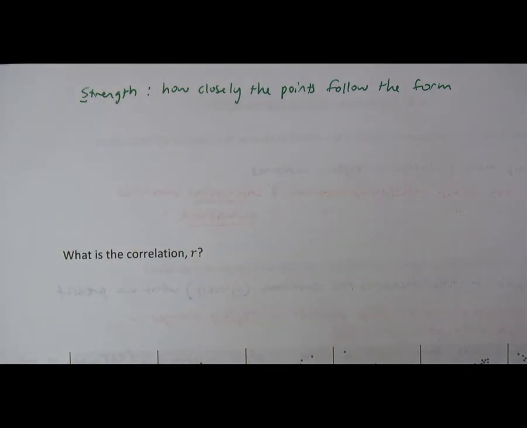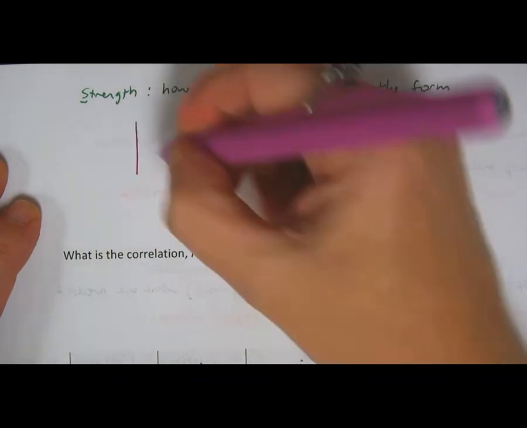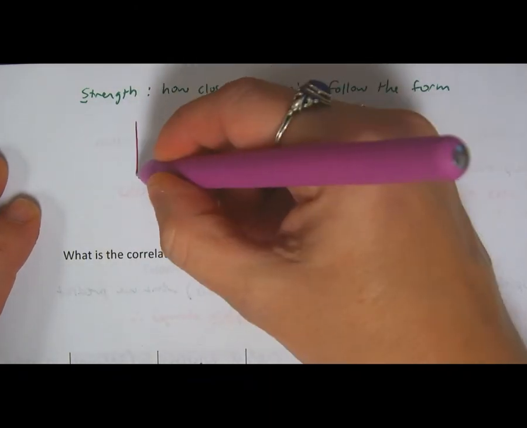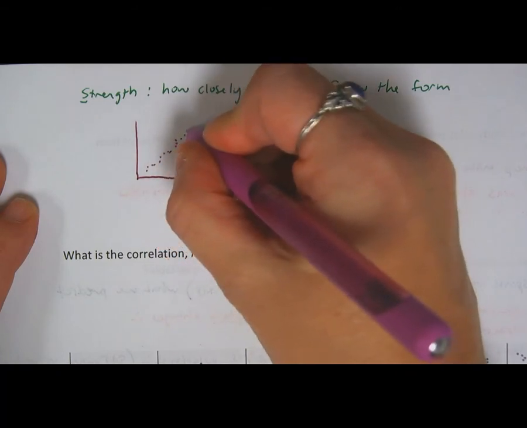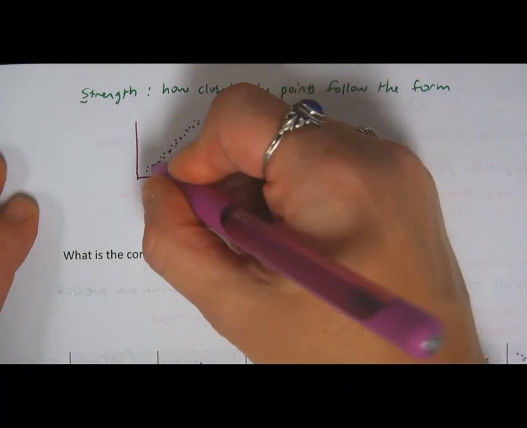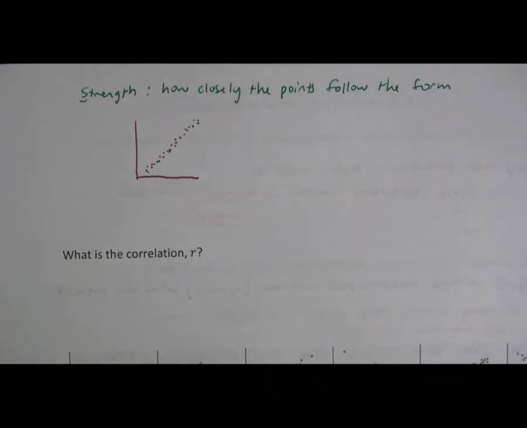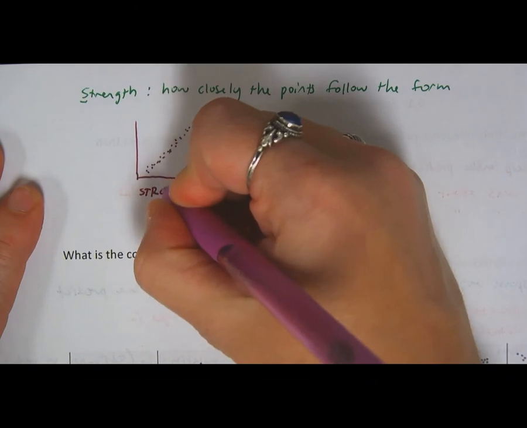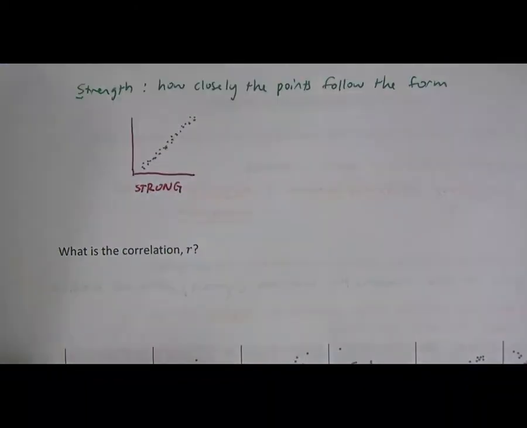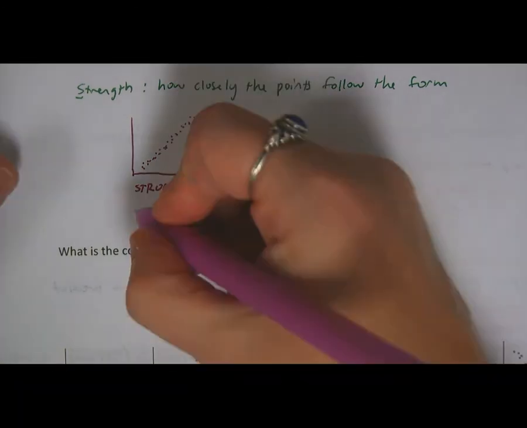And so for this picture right here, that's linear, it's positive, and it's strong. Because they all closely fall into the form of being linear.